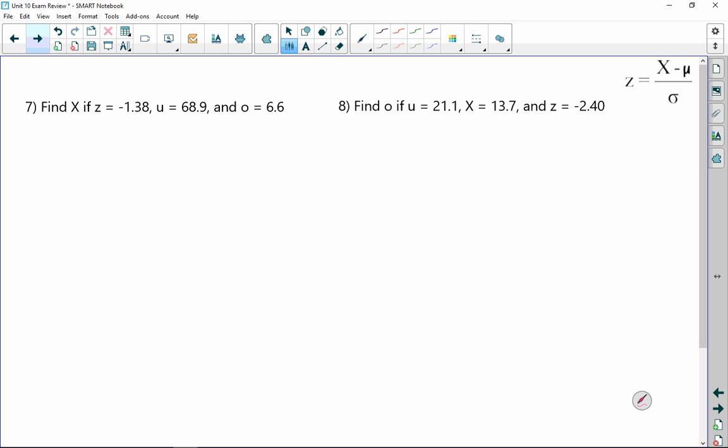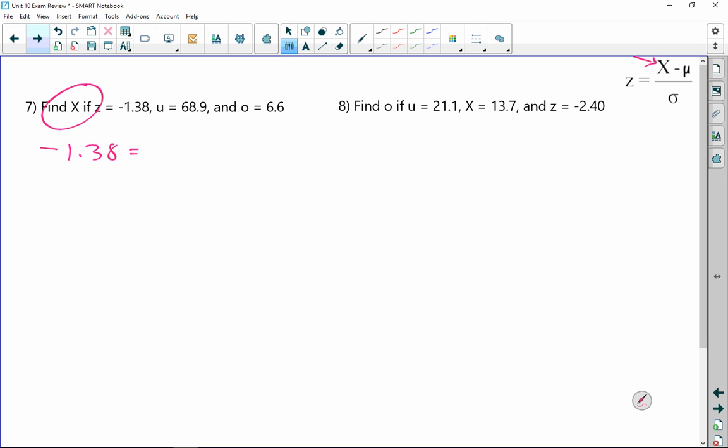Okay. How are these two different than the previous one? It's asking you to find a different one. We're looking for x, which is right there. I can use my calculator to a certain point, but you're going to have to rearrange some things in this formula to get your answer. I'm going to start out with my z, which is 1.38.